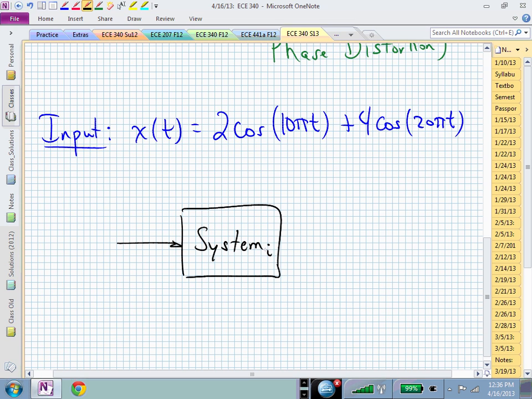I'll subscript that system by an i. We will see what comes out of that system at the output, and then I want you to tell me, given this input and the resulting output, was that system causing distortion? And if it was causing distortion, was that amplitude distortion? Was it phase distortion? Or was it both? Or was it neither?